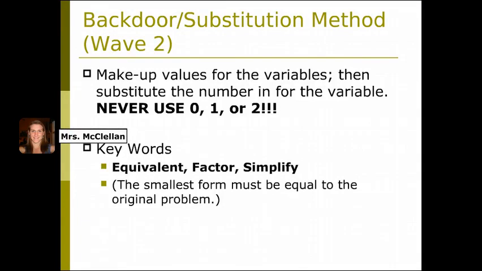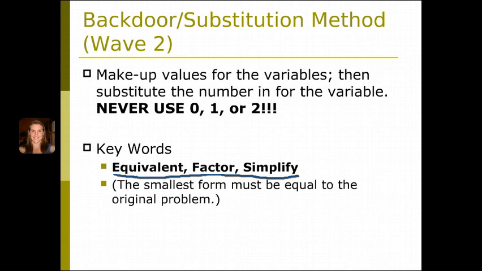Backdoor or substitution method is going to be our second wave on the test. So at this point, before you ever start wave 2, you should have finished all of your plug and chug questions on the test. When identifying whether or not a problem is backdoor, you need to be looking for the keywords equivalent, factor, or simplify.